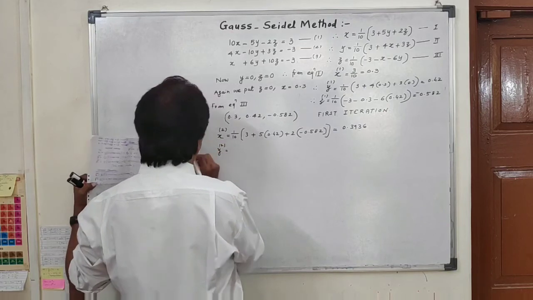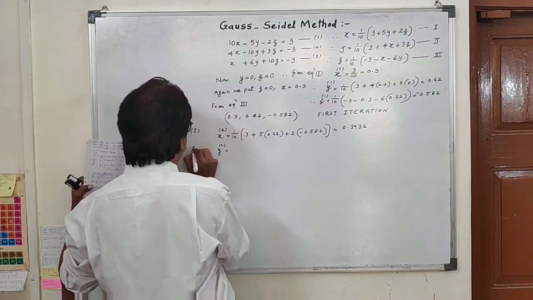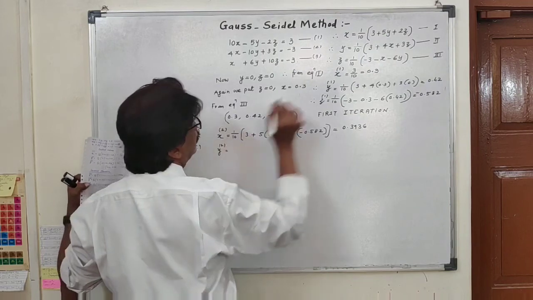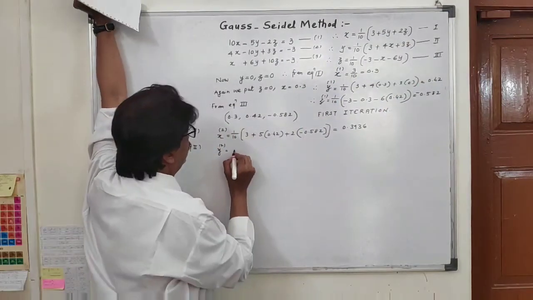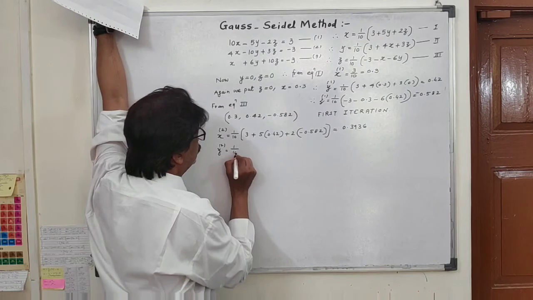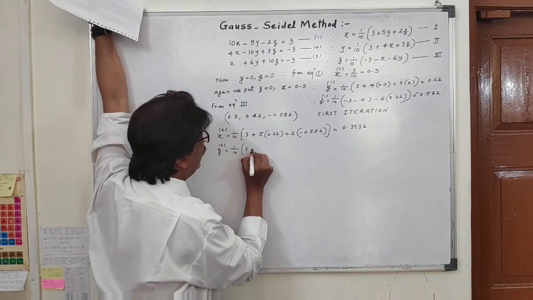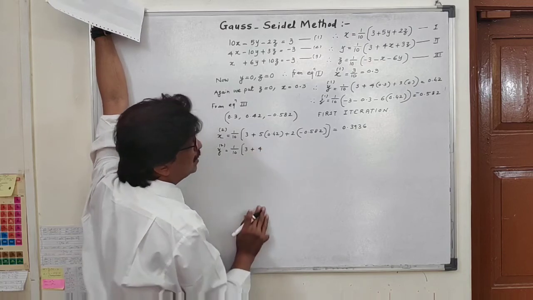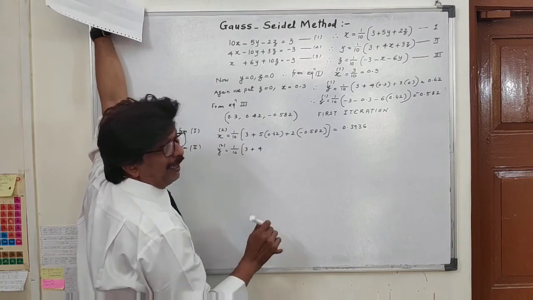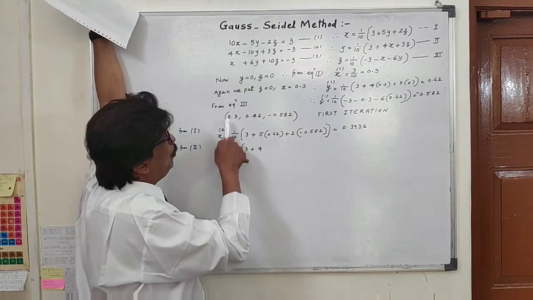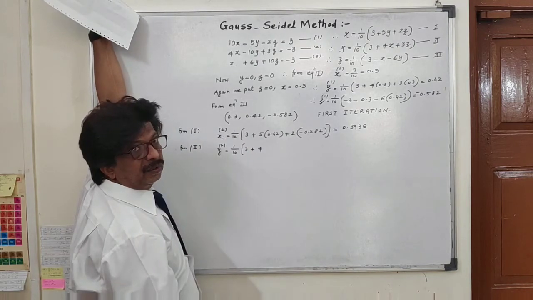y2 from equation 2. This second equation is 1 by 10 times the formula 3 plus 4x. What is the recent value of x? It is not 0.3000, note this.